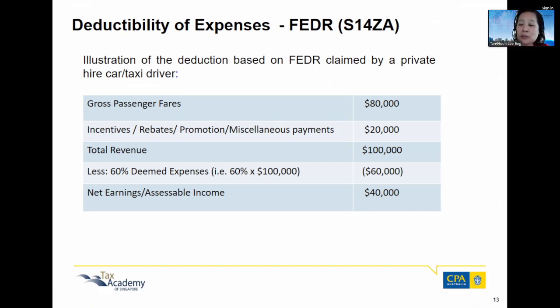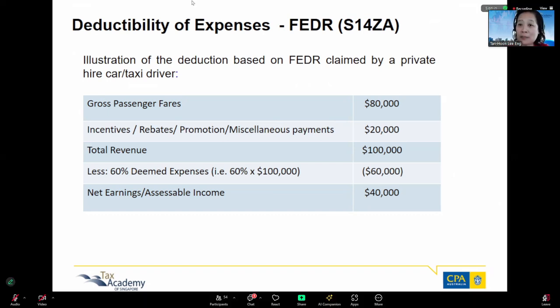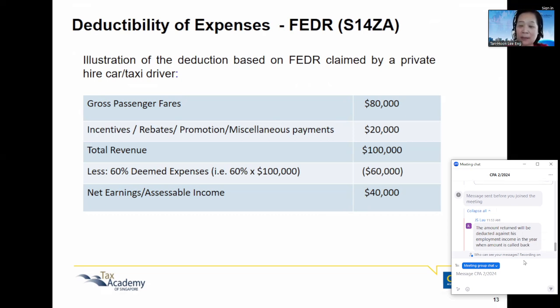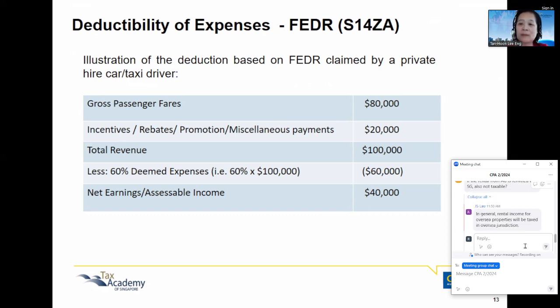If he wants to opt in for FEDR, it will be at 60% deemed expenses. So 60% of 100,000, the expenses would be 60,000. 100,000 minus 60,000, his net income is 40,000.